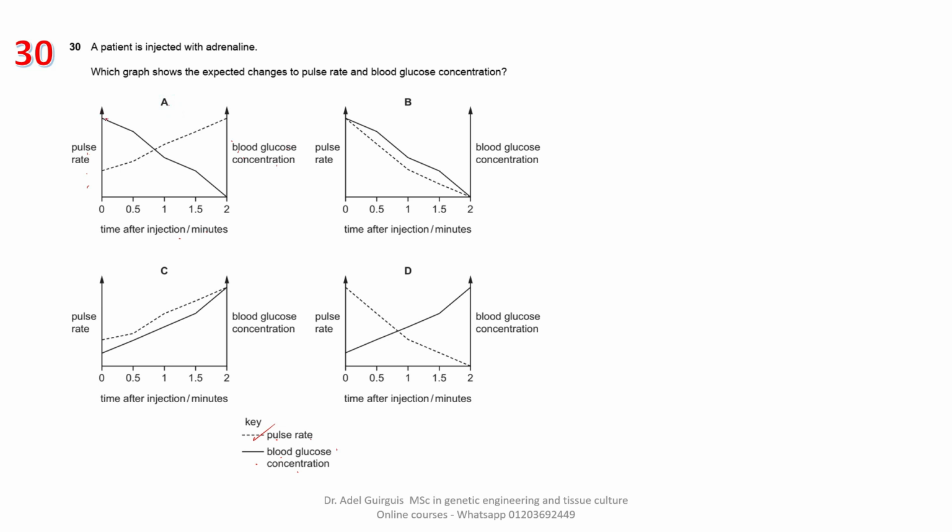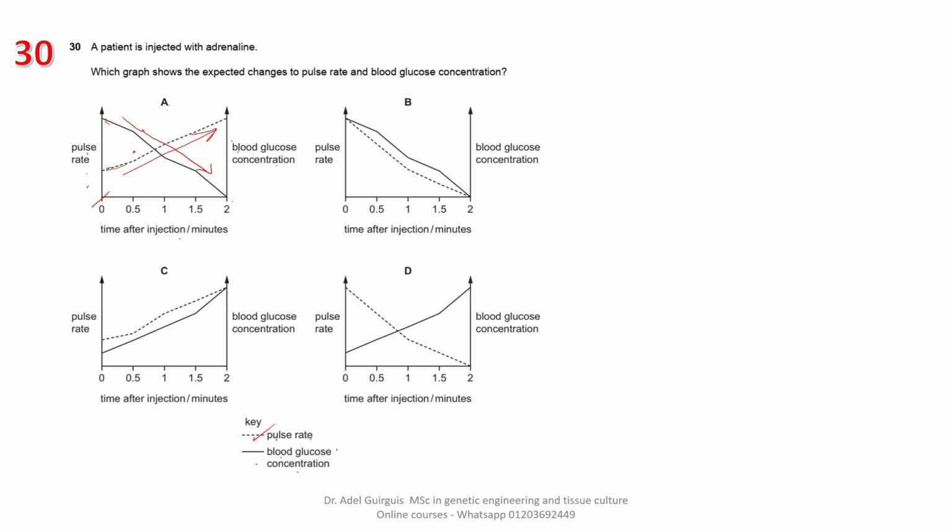For letter A, according to figure A, blood glucose concentration gradually decreases after the time of injection, while pulse rate is increasing. Increasing pulse and decreasing blood glucose. It is wrong. Why?